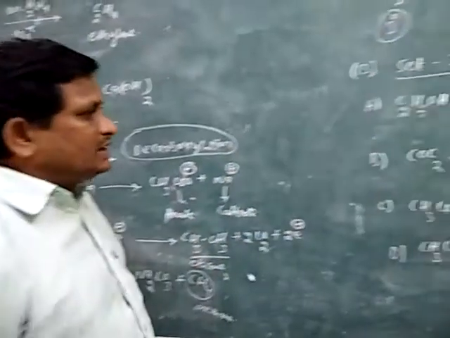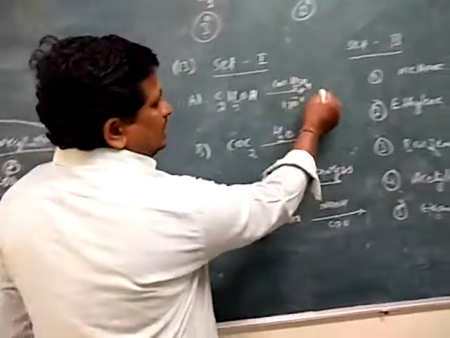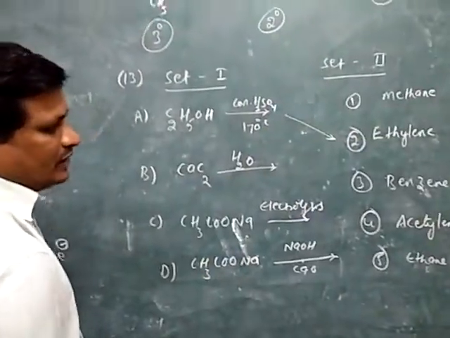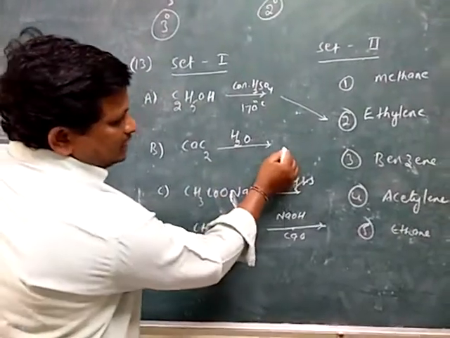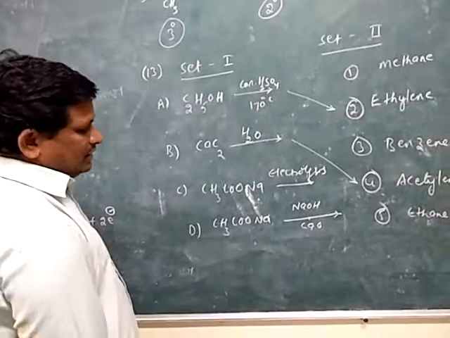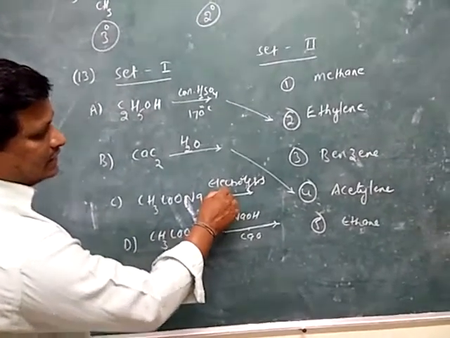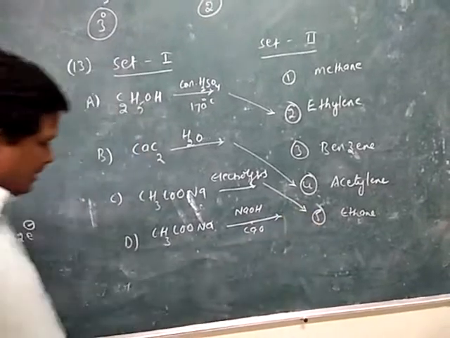According to set A and set B, ethyl alcohol gives ethylene. Calcium carbide gives acetylene. Electrolysis of sodium acetate gives ethane.